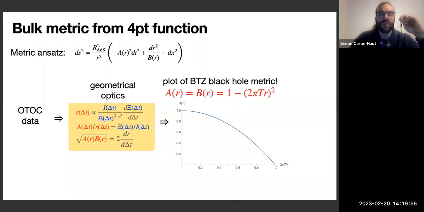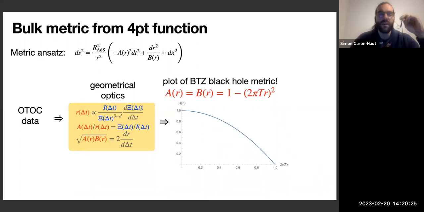So the intensity is the blue shift factor, which is determined by A and B. The parallax is the shape of null geodesics. It's also related to A and B. So you can relate these measurements to A and B, and vice versa. You can invert the measurements and express A and B, with the radius in this gauge, in terms of things you can measure: the intensity that I plotted on the last slide, and the parallax.